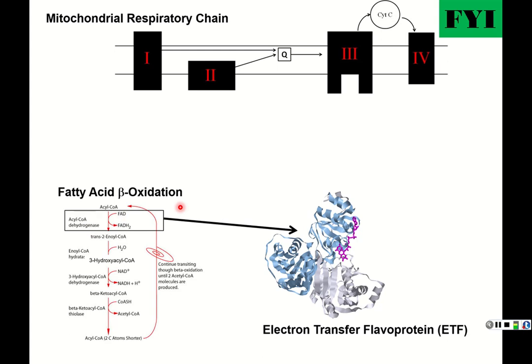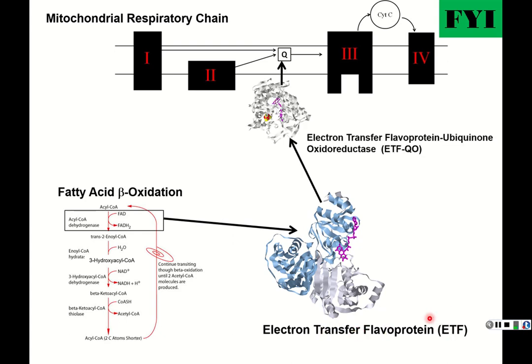These dehydrogenases then transfer electrons to the FAD group on a protein known as electron transfer flavoprotein, or ETF, and then ETF transfers them to ETFQO, which then transfers them to a molecule called ubiquinone, or Q. Also coenzyme Q10 is another name for it, which you might have heard of.